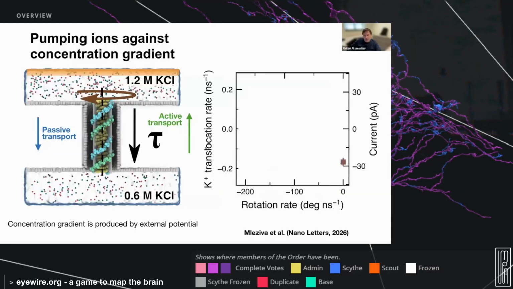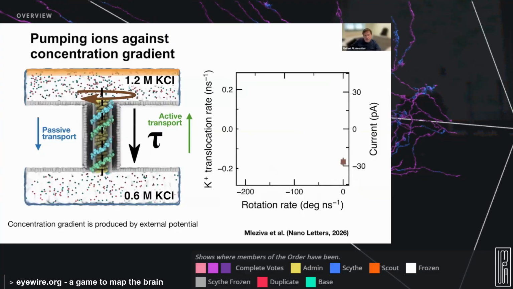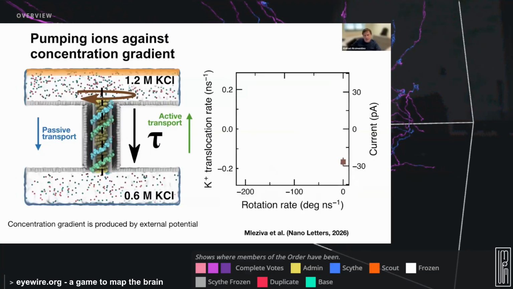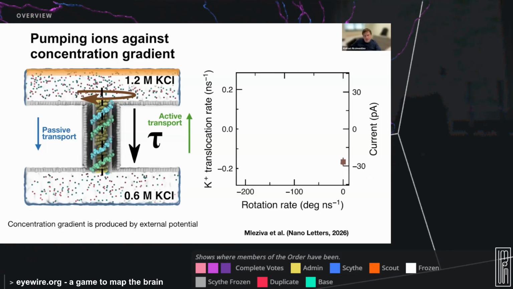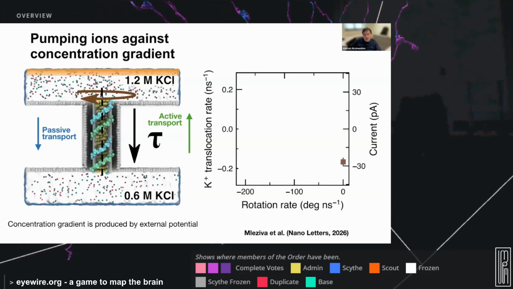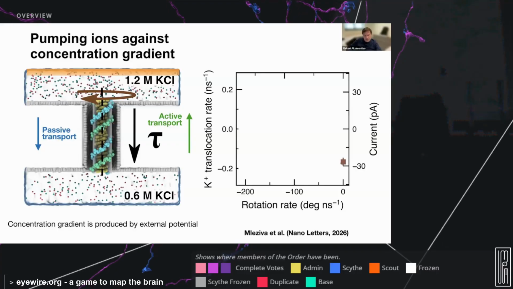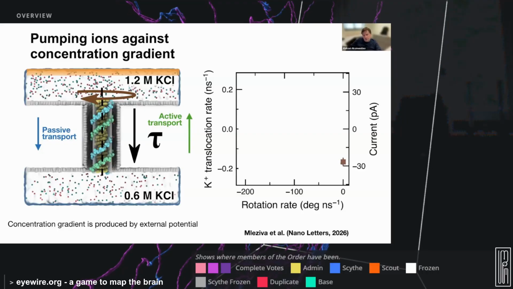So in the absence of torque, right, we have a concentration gradient, meaning that we would have potassium ions diffusing down this concentration gradient. Why potassium? Because the DNA is negatively charged, so that makes the transport selective. And of course, we would have also a water flux, right?